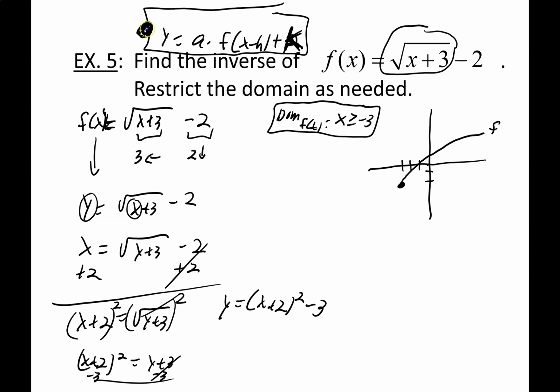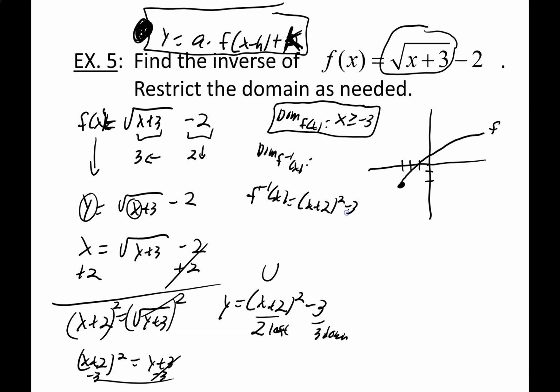This is in this transformation form. So this is going to be a parabola, and it is going 2 units to the left and 3 down based on this and this. So again, I'm going to need to restrict the domain for f inverse. And then I have f inverse, which we just found was x plus 2 quantity squared minus 3.